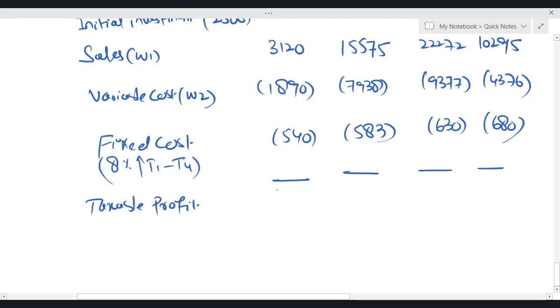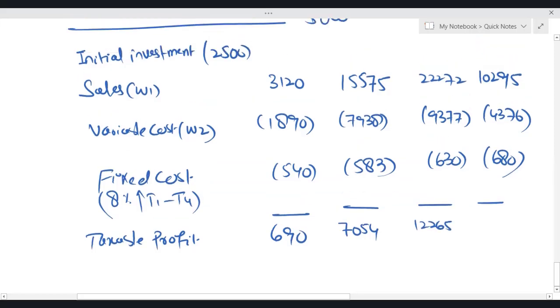I'm getting 690. 15,575 minus 7938 minus 583: 7,054. 12,272 minus 9377 minus 630: 12,265. 10,295 minus 4,376 minus 680.